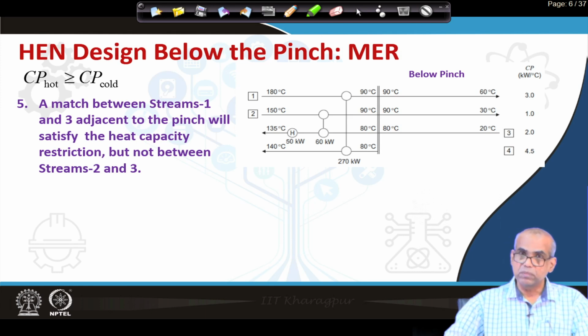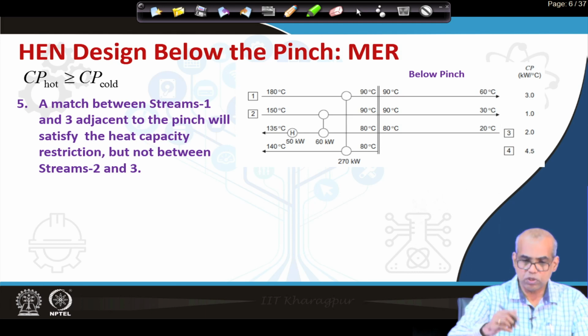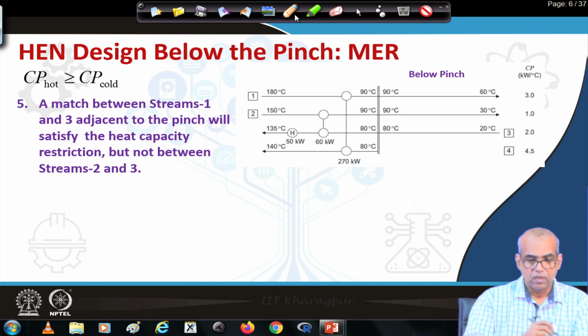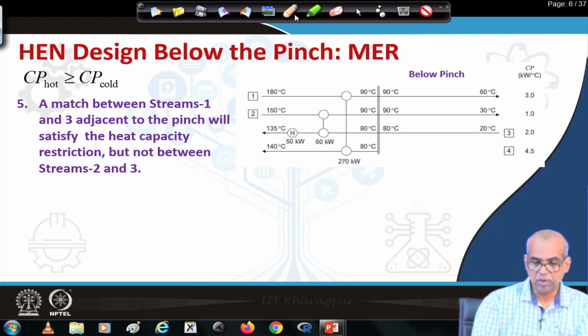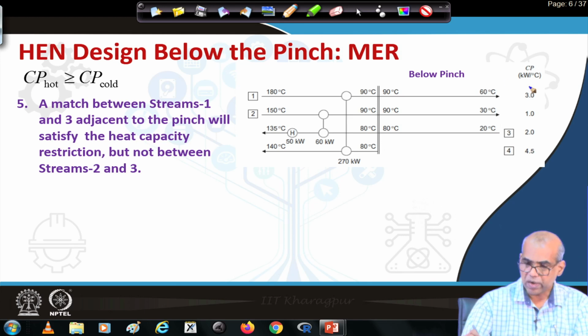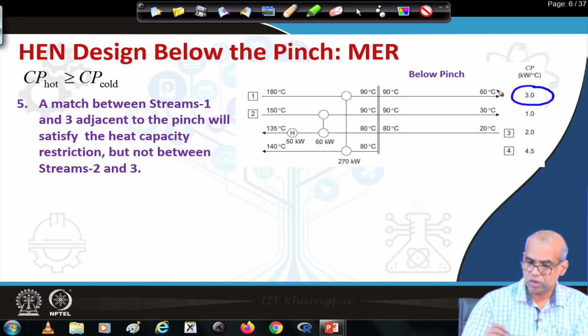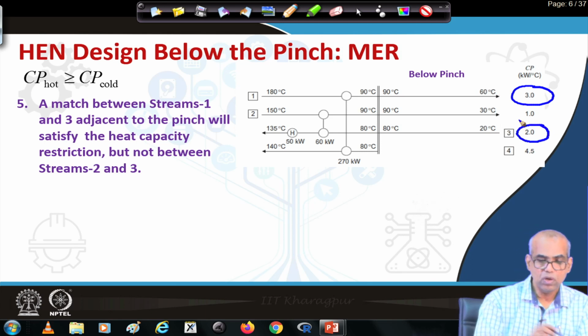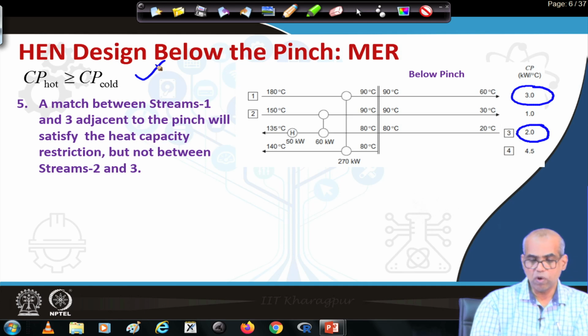Is a match between stream 1 and stream 3 possible? It is possible. A match between stream 1 and stream 3 adjacent to the pinch is possible because stream 1 has Cp value 3 and stream 3 has Cp value 2. So, Cp value of hot stream 1 is greater than the Cp value of cold stream 3.